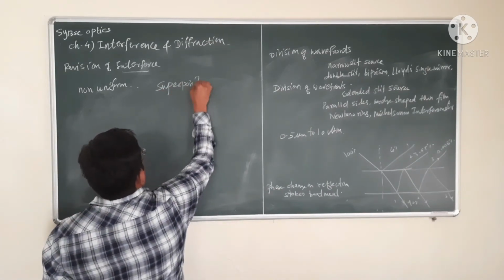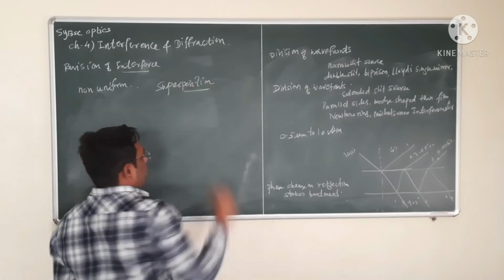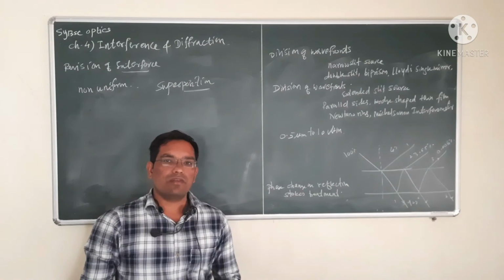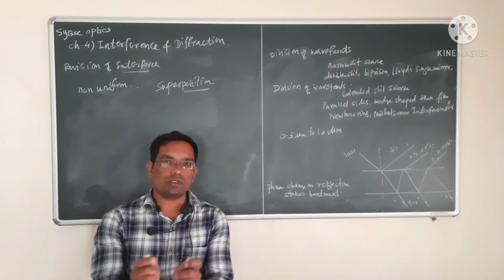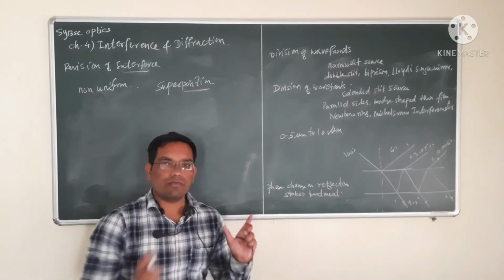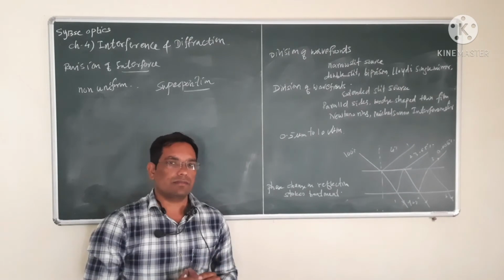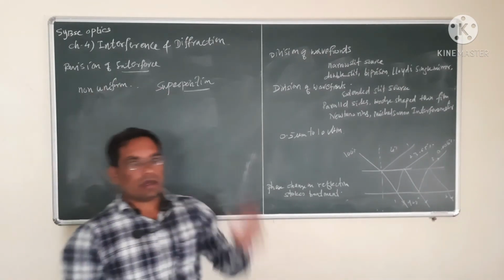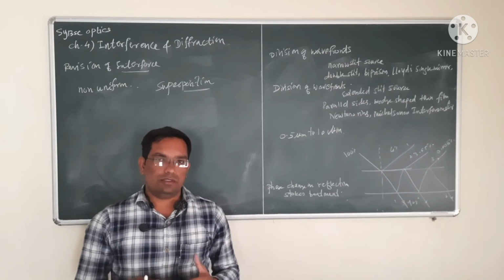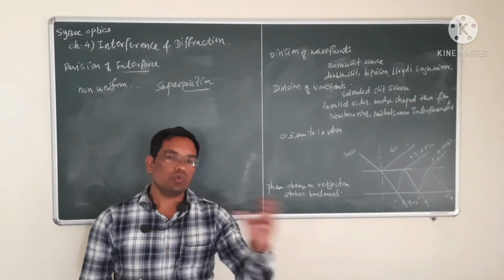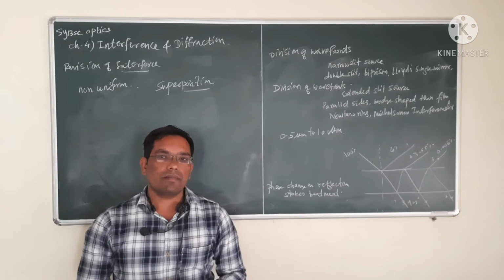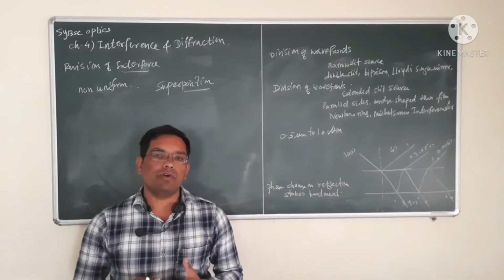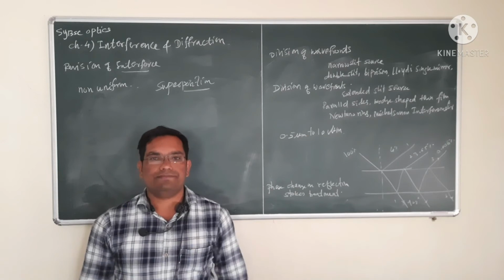Okay, so if we have two sources, interference is obtained by two sources of light. There must be two different waves to get interference. So if we have two different sources, and if we are superimposing waves from those two sources, then these two superimposed waves can produce interference.